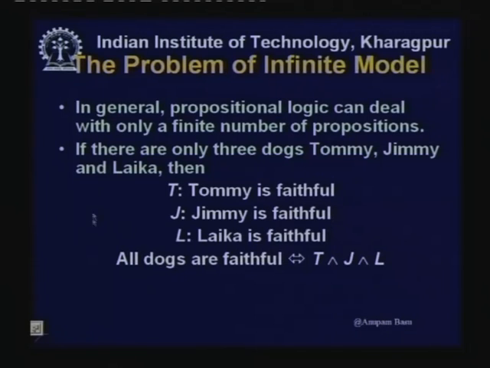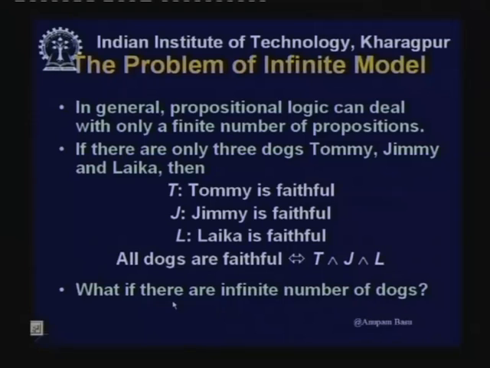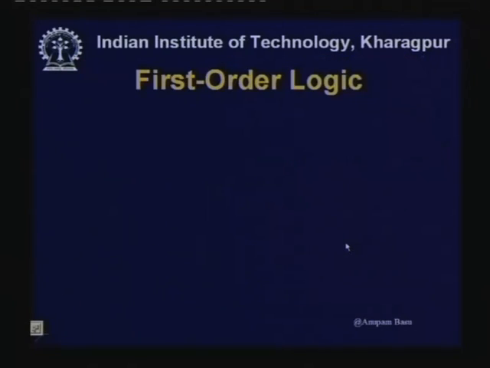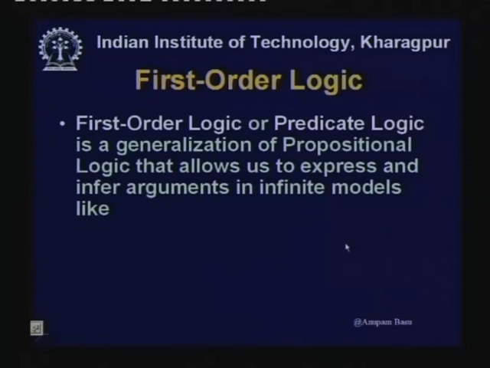So, that is the finiteness of the statements, and even for Tommy, Jimmy and Laika, I have to write separate propositions and do this conjunction. That is where the problem of propositional logic lies. So, what if there were an infinite number of dogs? I would have faced a problem. Therefore, we move to the new thing called first order logic.